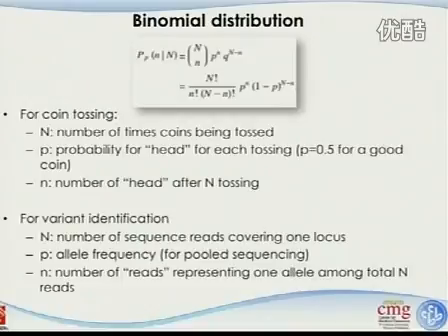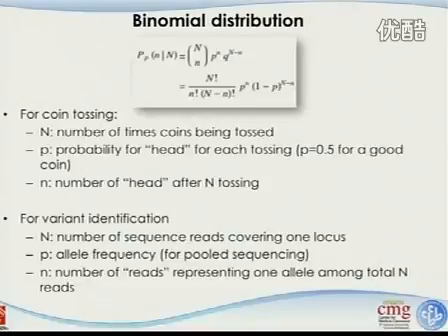But for the variation identification in our problem, n here is the number of times we throw the coin, which is the number of sequence reads that cover that particular locus, right? If I have one particular genomic locus, how many reads cover that? The total number of reads is equivalent to the number of times I throw the coin.